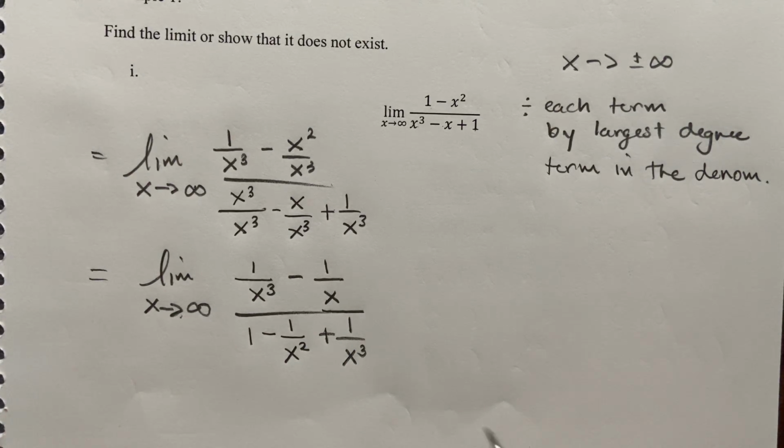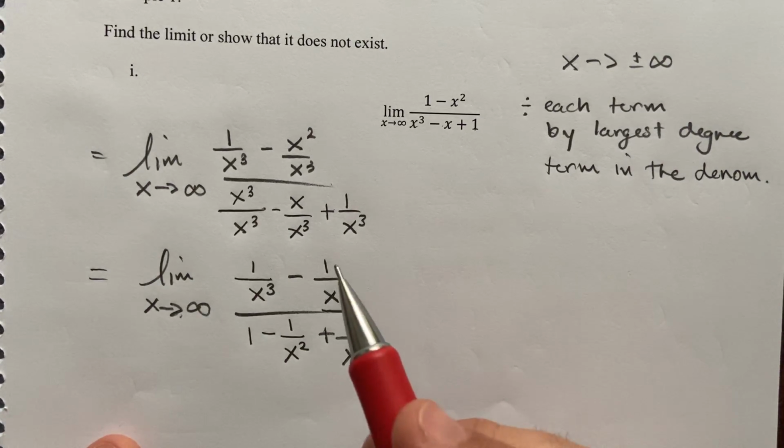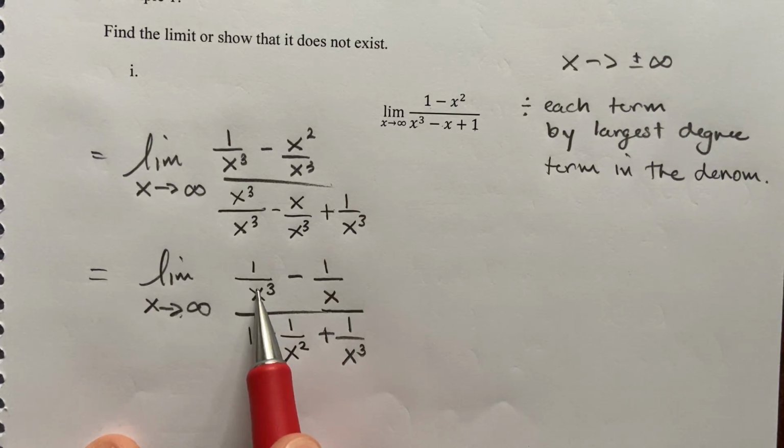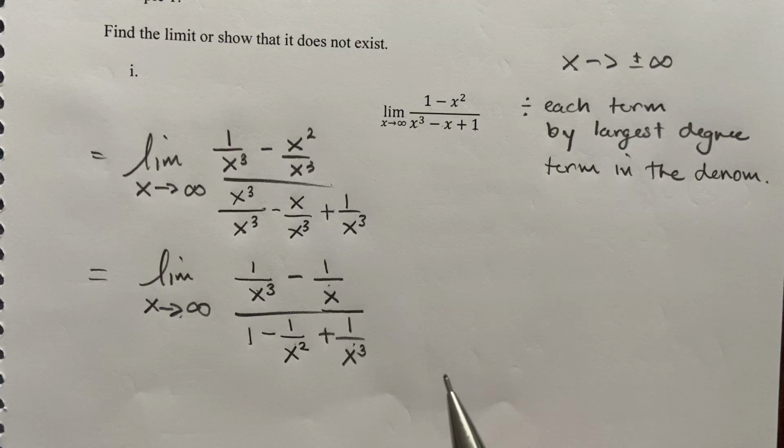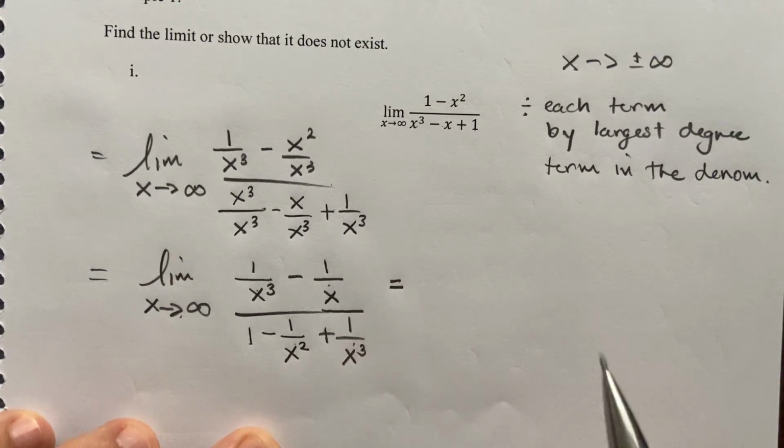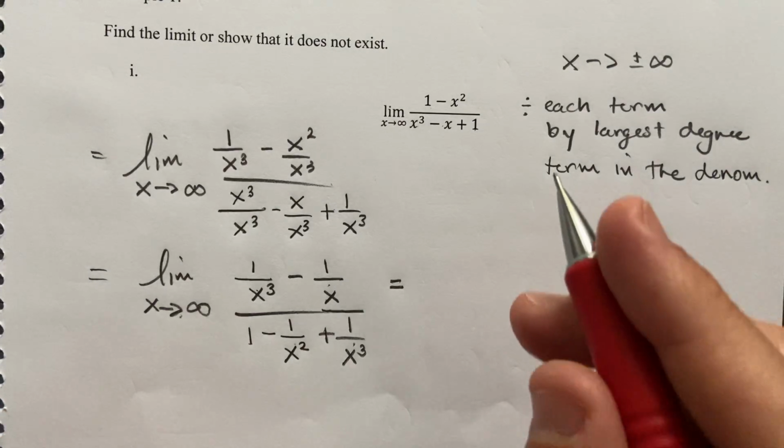Now what I'm going to do is quickly use our limit laws, and I'm really going to imagine that I'm taking the limit of this term, this term, this term, this term, and this term. Maybe I'll just write it out here, but I'm not going to write it out that much going forward.